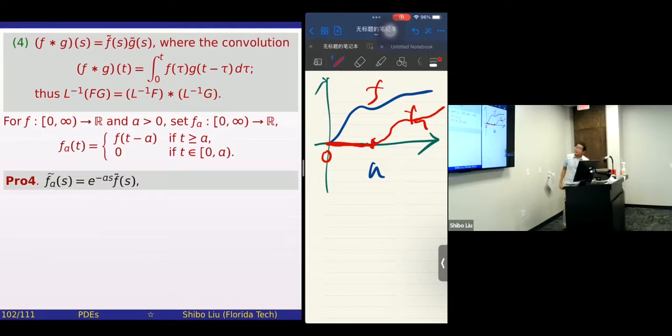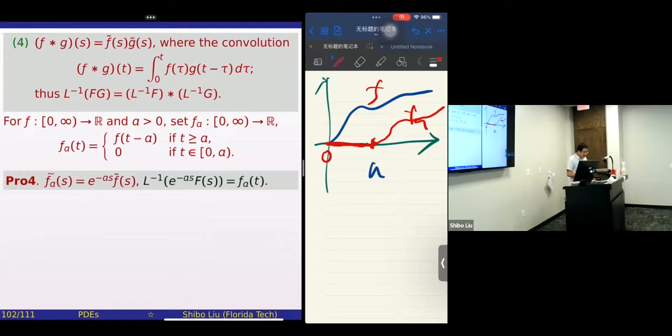The Laplace transform of this new function equals this exponential times the Laplace transform of f. Maybe I will prove this property here.